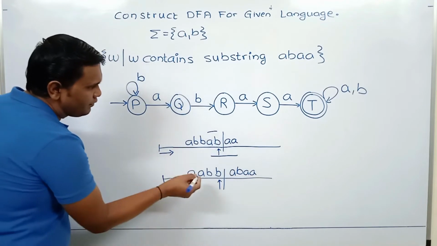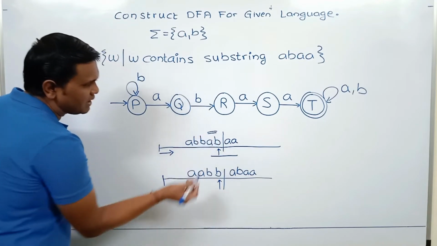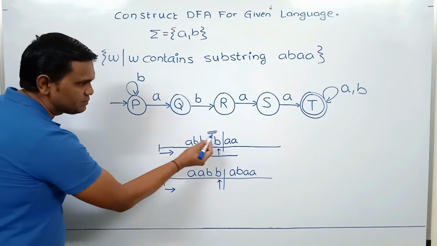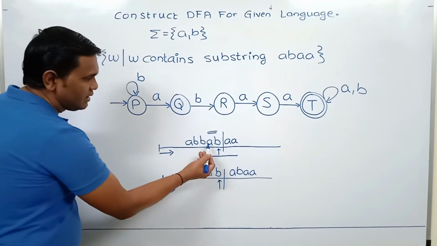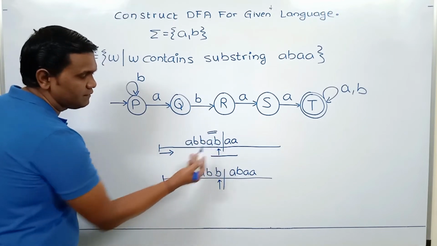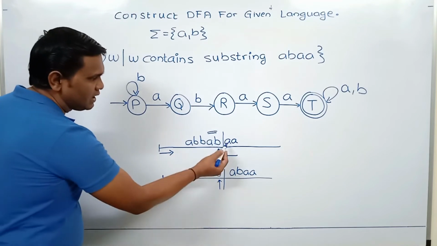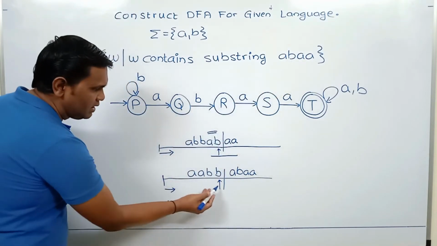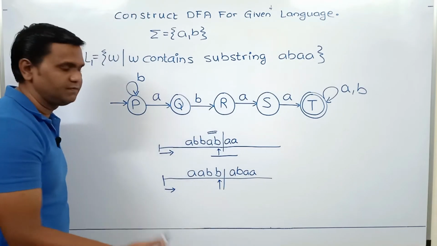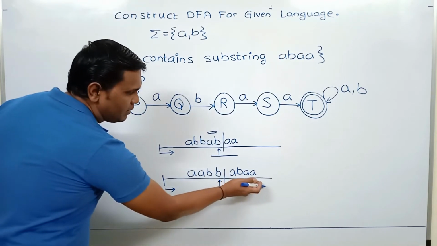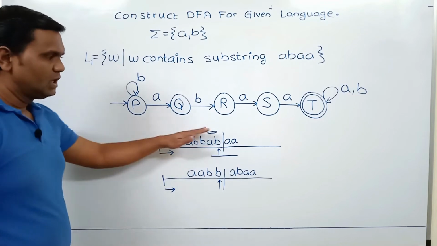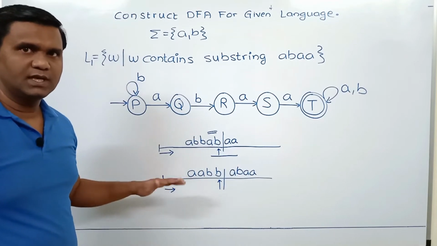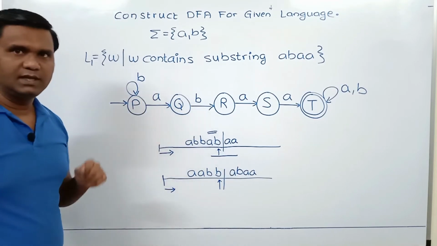In the earlier case, we were able to use this much part as a suffix. So AB is the suffix of the last seen symbols. If we get AA, we get the required substring ABAA. Here we do not have any such suffix. We require complete ABAA. So we are going to use this logic and construct the DFA.